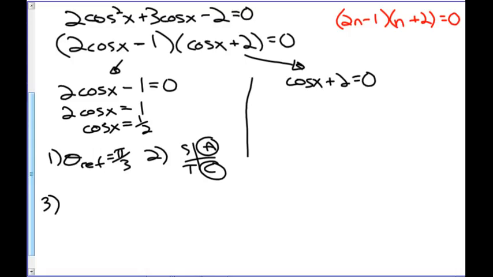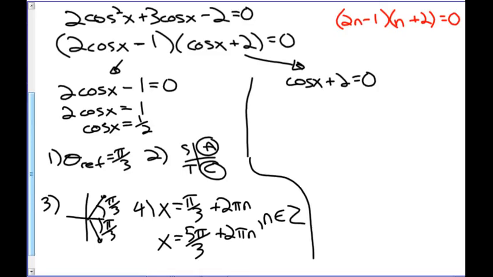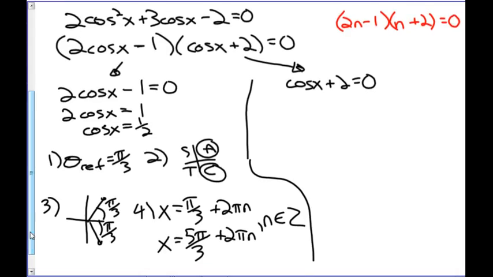That means the sketch looks like this. That the angles are pi over 3 and 5 pi over 3. And if we're solving for all x, each of these need a plus 2 pi n. Okay? Those are solutions. So I'll circle them in green.